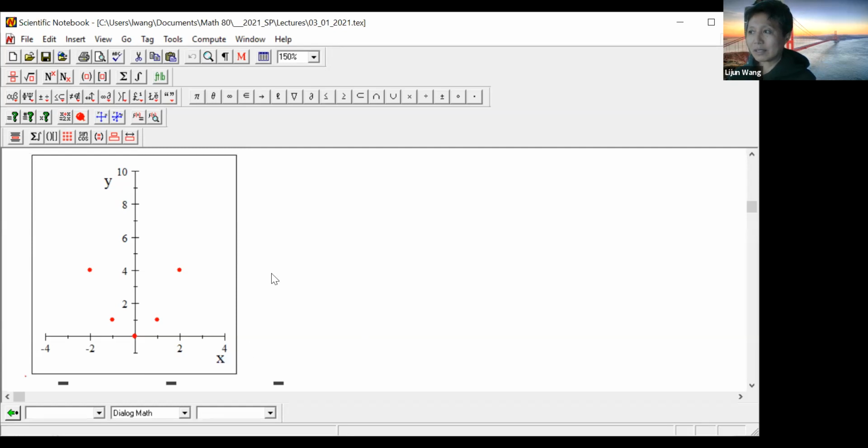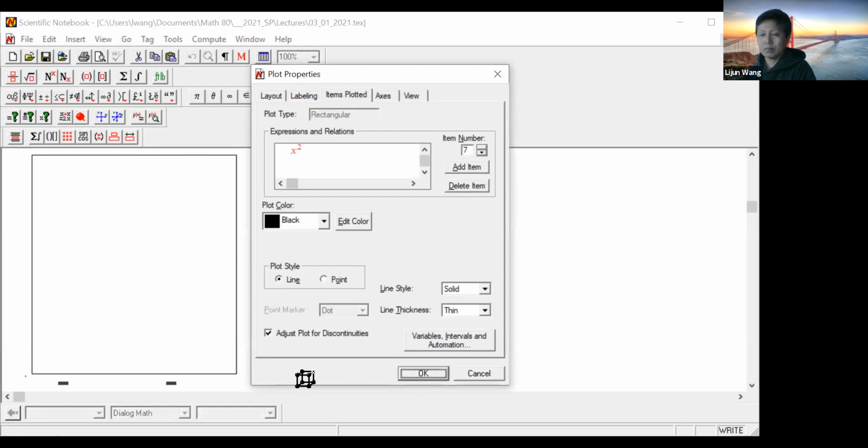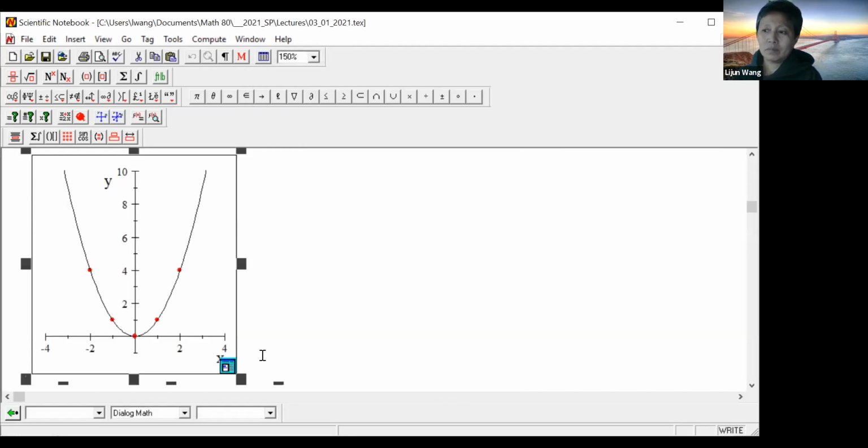So now let's connect the dots. Boom. So you can think of domain, range, x-intercept, y-intercept. So what is the domain?